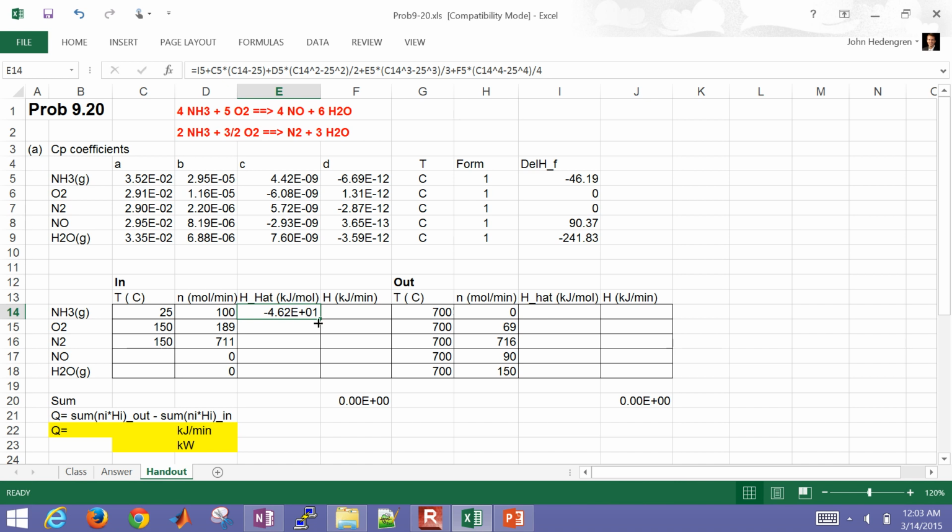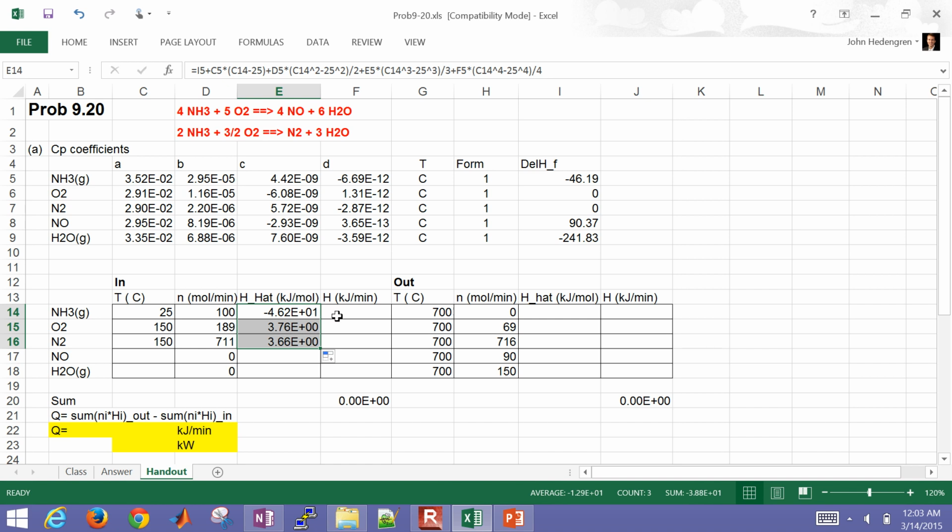Now what I can do is I can just go ahead and drag this down to these other ones as well. Now I don't need to do it for NO or water because those two are 0 on the inlet. But here I have my specific enthalpy.